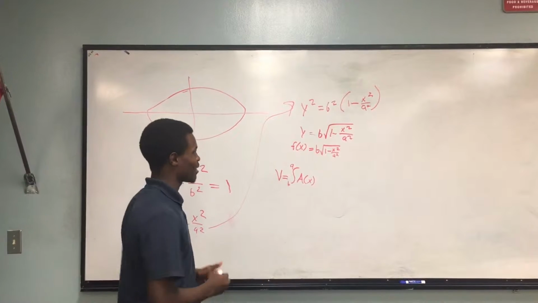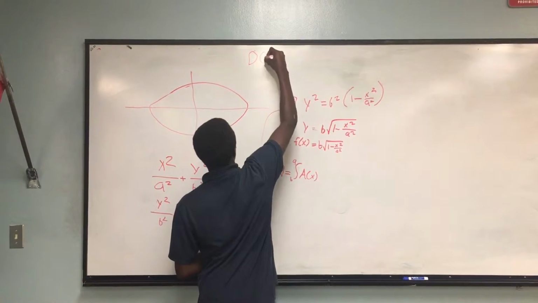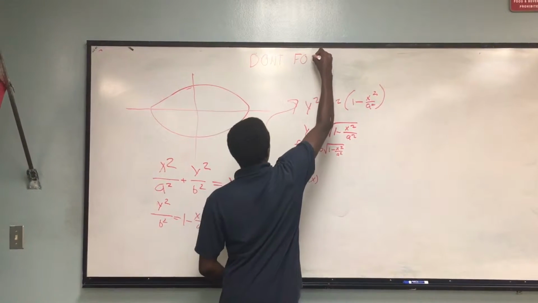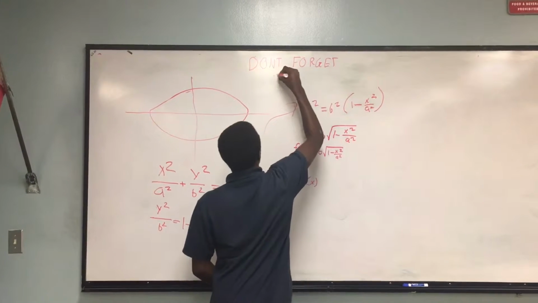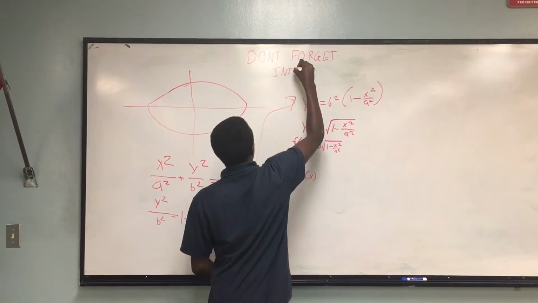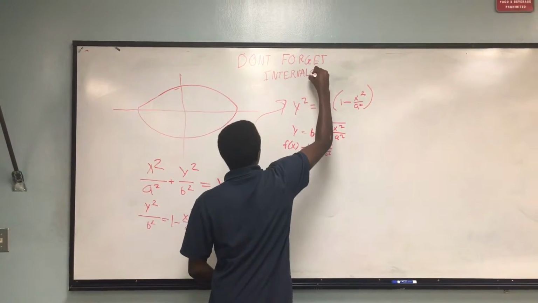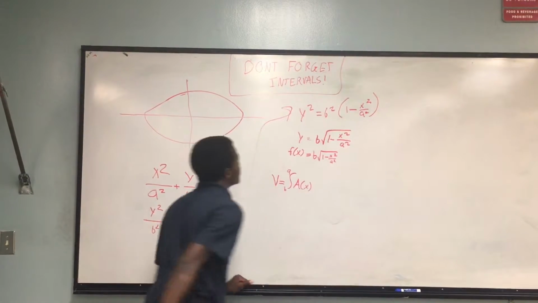So I'm gonna make a little reminder up here: don't forget intervals. You don't want to make that mistake because you can't solve the problem if you forget your integrals.